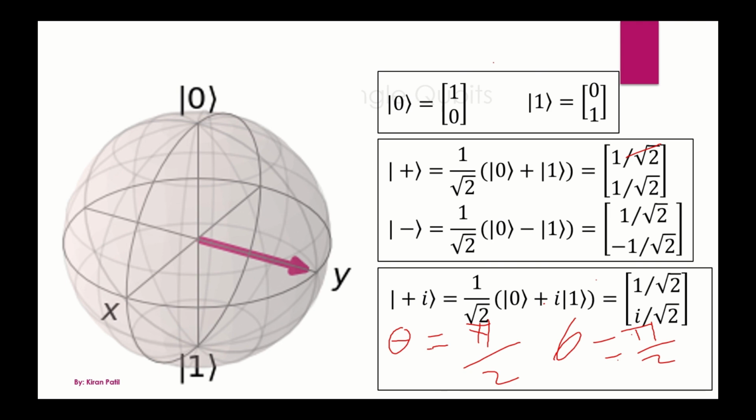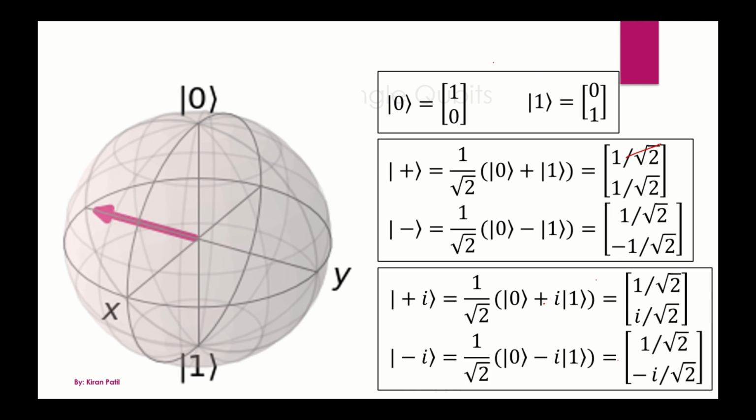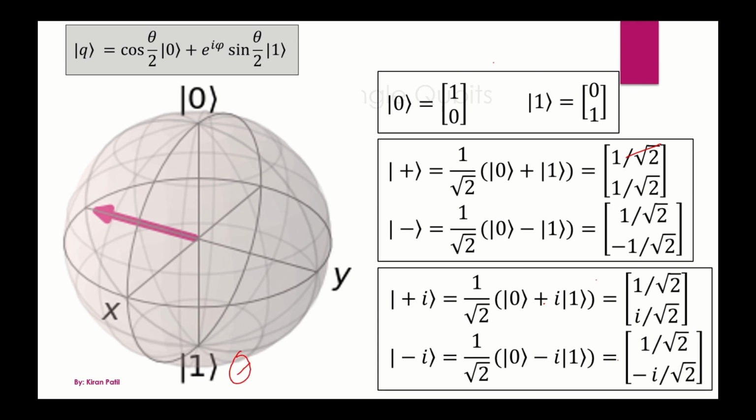Then similarly, we calculate the value of the qubit lying on the y-axis on this side. For |-i>, the value of theta is pi by 2 and phi is minus pi by 2.